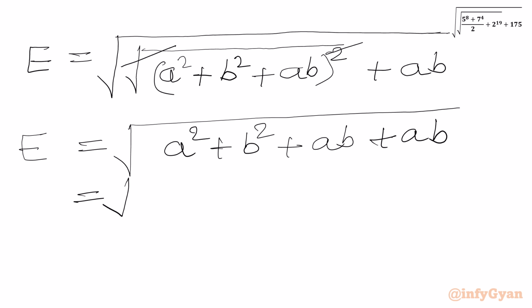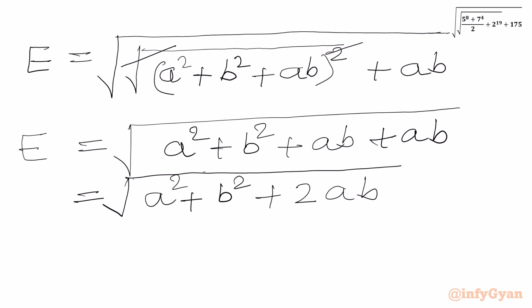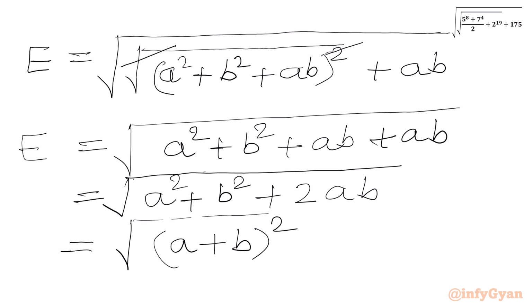Or we can write a square root of A square plus B square plus 2AB. We know that this is (A plus B) whole square. So I can write a square root of (A plus B) whole square. Again we can cancel a square with a square root. So this will give us A plus B only.